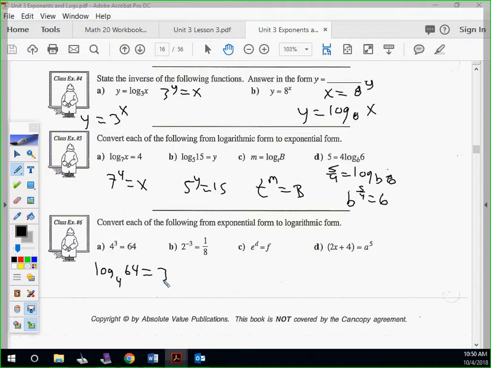Do you pull the 2 out for which one? For D. For D, let's get there. We'll see. No. Well, you can. Yeah, you can. Log 2 of 1/8 is -3.